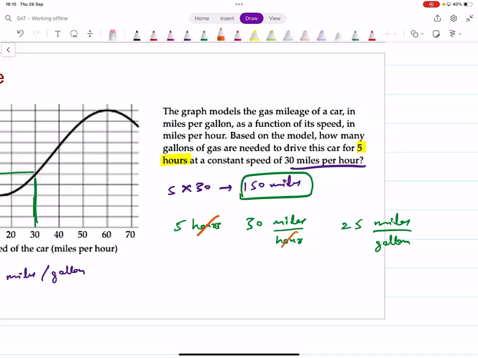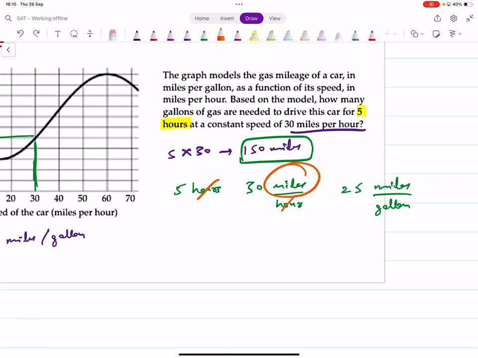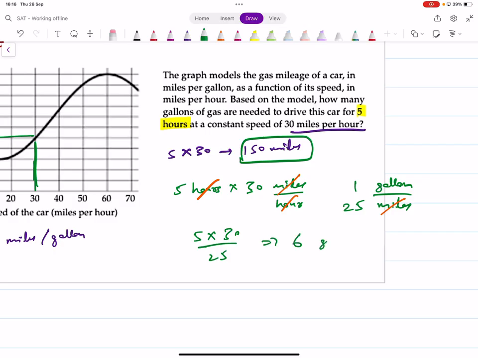Now hours and hours get cancelled here, right? Miles also need to be cancelled somehow. So we have miles per gallon here. If we reverse this, we can say it's 1 gallon to 25 miles. Miles and miles also get cancelled. What are we left with? 5 into 30 divided by 25, and that should give you the result. That's 6 gallons. Is that okay?